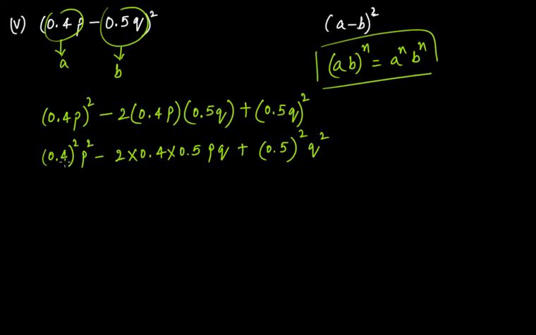From here if you solve it, this becomes 0.16 p squared, minus. Now 0.2 multiplied by 0.4 is 0.8 and 0.8 multiplied by 0.5 is 0.4. So this is 0.4pq and 0.5 whole squared is 0.25 q squared.